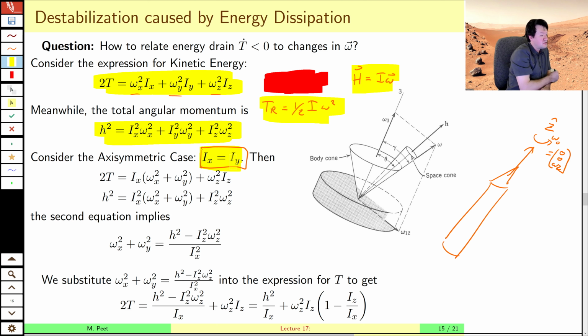So why do we use the axisymmetric case? Because it allows us to simplify our expressions for kinetic energy and angular momentum and put them in terms of each other.